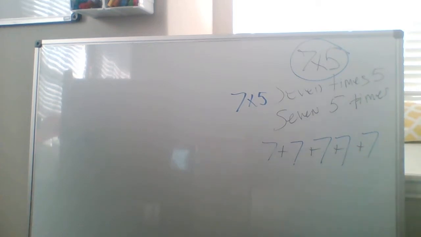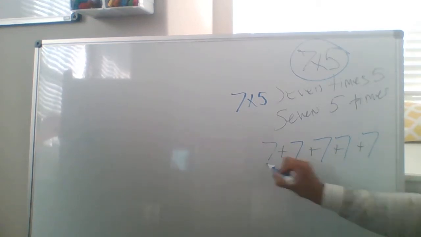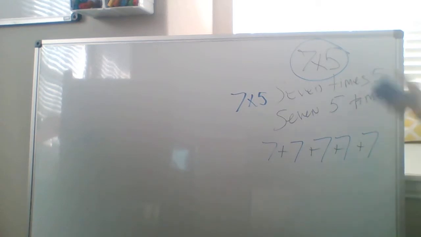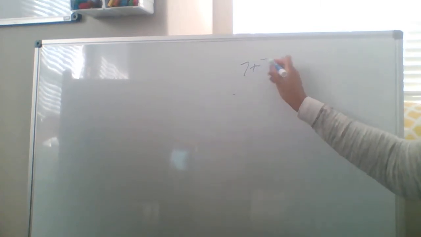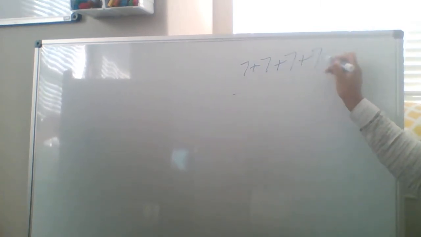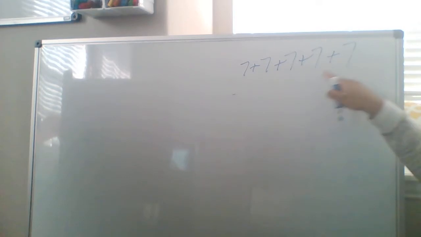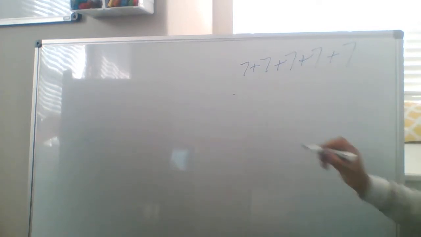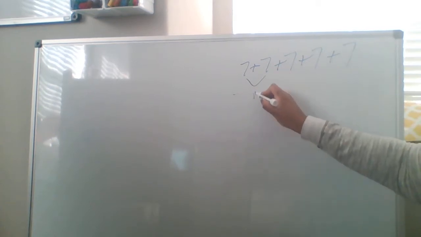And when I teach math, if we're adding this together, I like to write the steps out. So I'm not sure if you can see all the way down there on my board, so I'll write it up here. So if we're multiplying 7, 5 times, or adding 7 5 times, 1, 2, 3, 4, 5. When I do my math with them, I like to do it in steps. 7 plus 7 is 14.